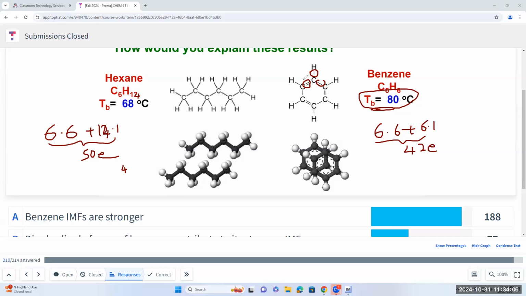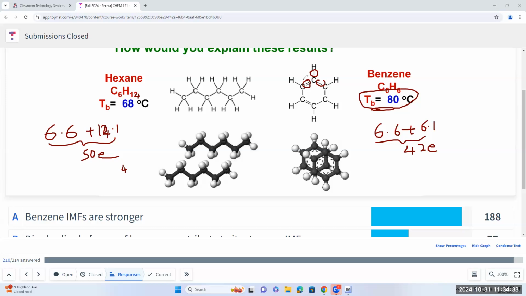So when you have a flat molecule, let me try to do this with my papers over here. If you have flat molecules, look at this now. The flat molecules can stack on top of each other just like pancakes. They have a greater surface area of contact. On the other hand, something like hexane is linear like that.